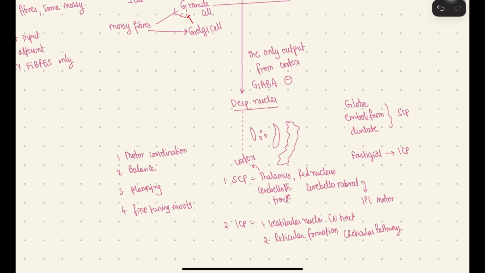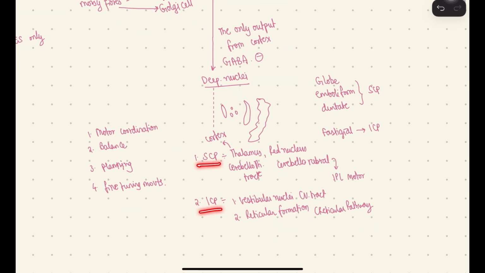It inhibits the deep nuclei. These deep nuclei have efferents to the thalamus, red nucleus, vestibular nuclei, reticular formation, and cortex. This excitatory output from the deep nuclei to various parts of the brain is being inhibited by the Purkinje cells.